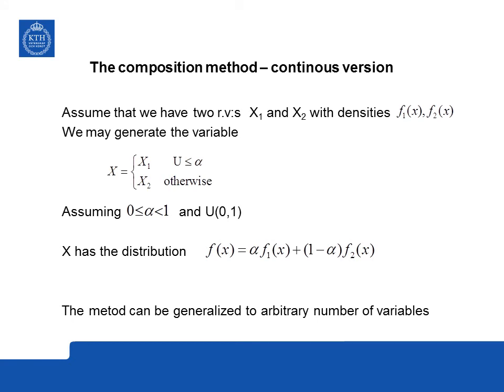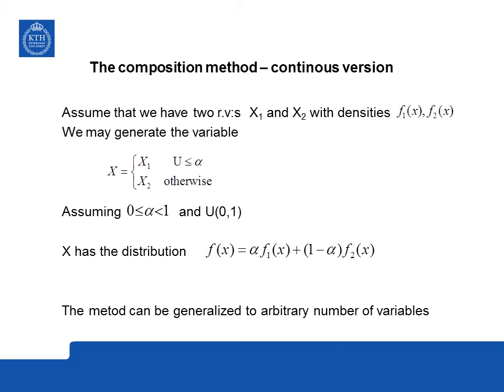And finally, the composition method in the continuous version is exactly the same. We have, again, two random variables, X1 and X2, with the densities f1 and f2. And we pick one of the component random variables with probability alpha and the other one with 1 minus alpha.